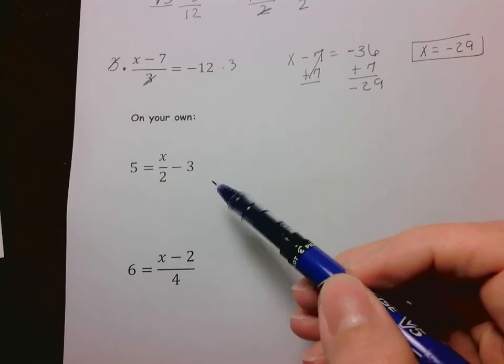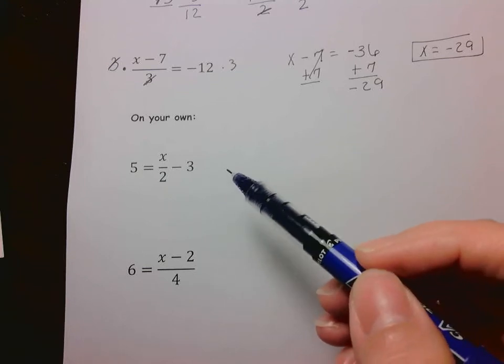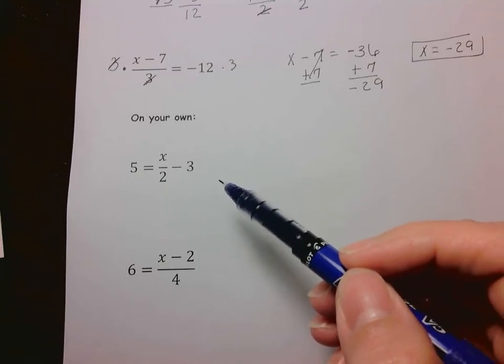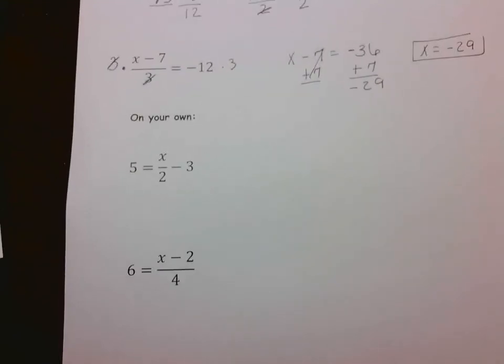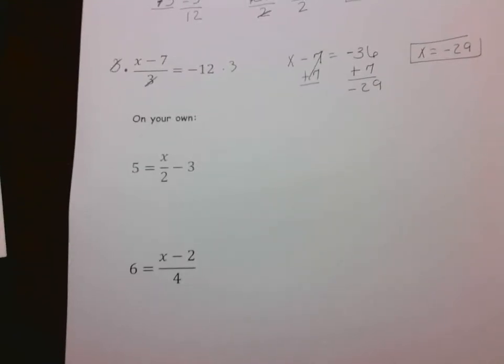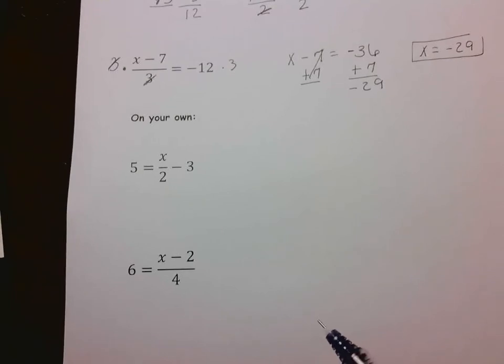Okay, on this one, if you went ahead and solved by adding 3 to both sides and then multiplying both sides by 2, again, you would not be wrong, but that's not how I want you to do this, okay? And I know this seems more complicated, but once again, I promise you, you'll thank me later when these equations get more complex and you know how to do this.